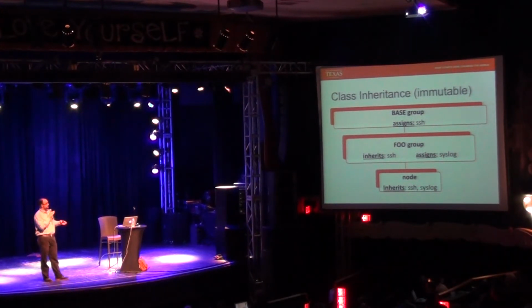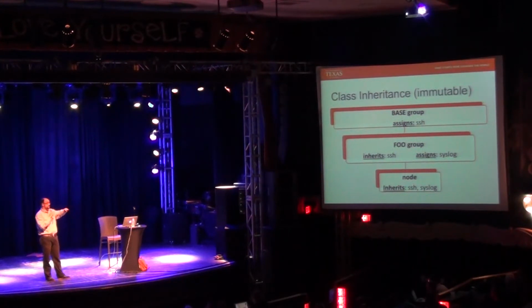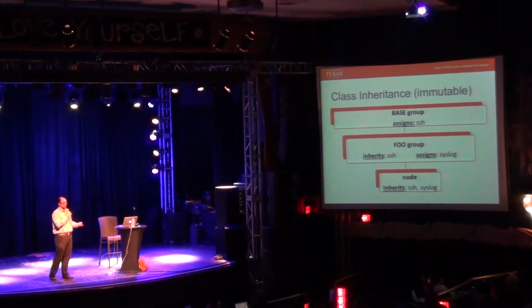So if you're using a Puppet console, you can assign SSH at the base group, and then any group that is a child, because you can nest groups as deep as you want, will inherit that SSH and then can assign its own classes. And any node that's a member will get everything that's been assigned at the entire level. Now the only thing is, since it is immutable, you get everything that's been assigned at the entire stack. So you have to be careful about how you set your defaults.